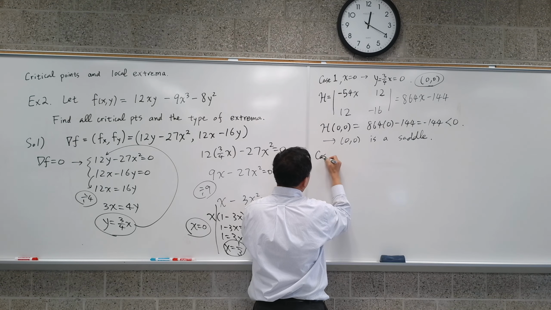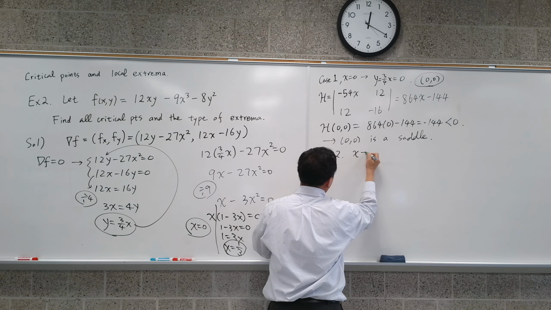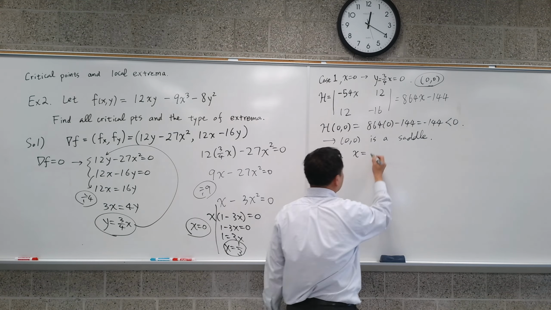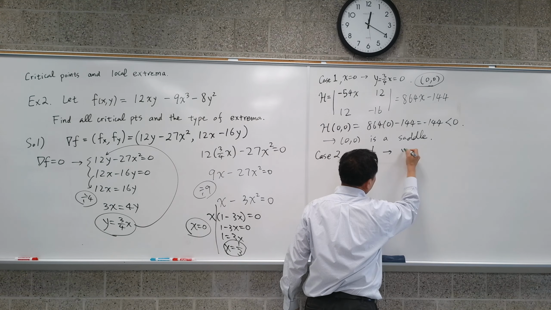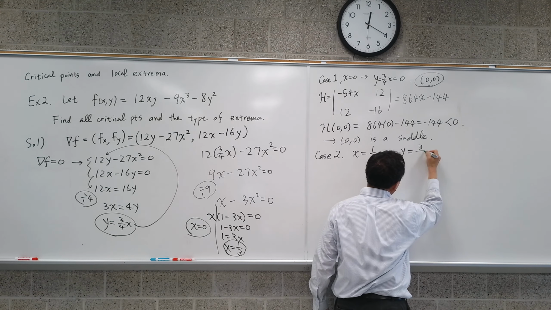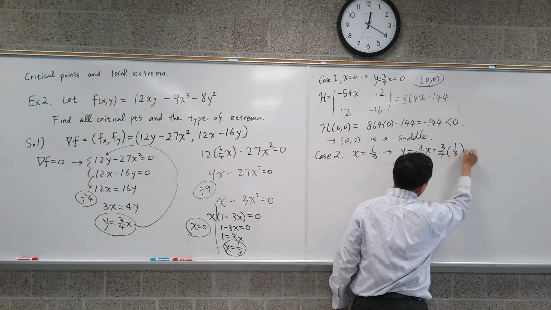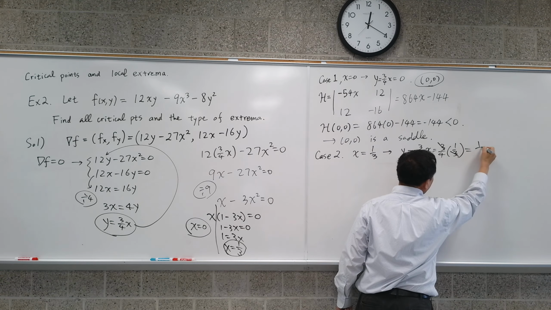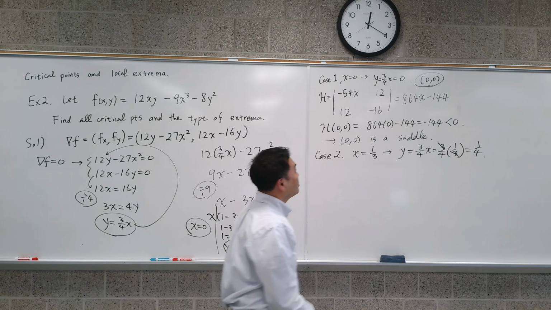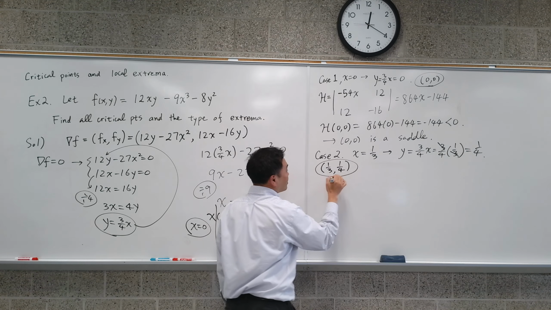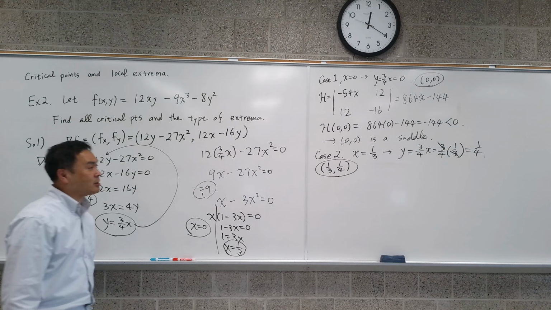Okay. Case 2. Well, x could also be 1/3, right? Now, what does that mean? That means y, since y is 3/4 of x, and x is 1/3, 3 cancels, and you get 1/4. So we're talking about the point 1/3, 1/4. This is the critical point that we're interested in.